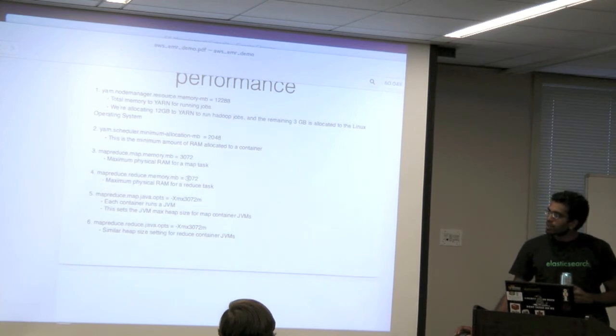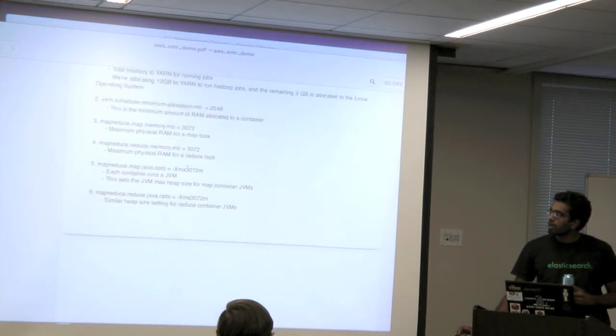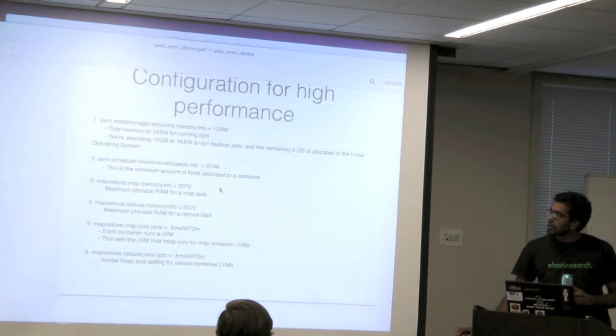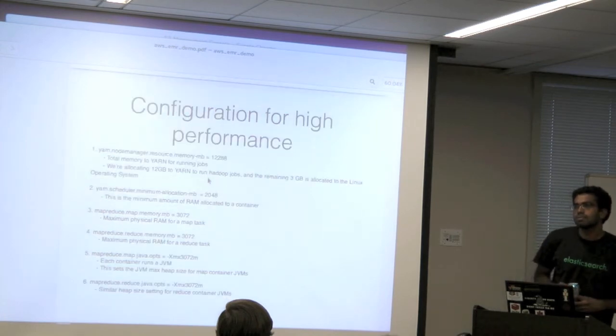It's the same for the reduce, and then you want to set up your Java parameters for Xmx and Xms to be the same as these virtual machine parameters. You don't have to tell it how many to fork.